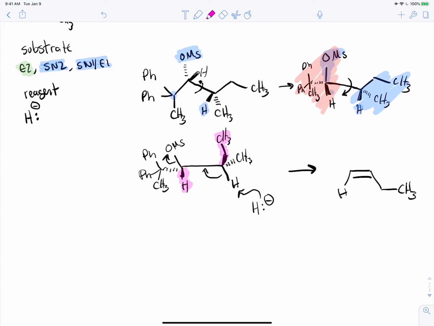And everything that's on the back bonds, so this and this, are going to be on the other side.